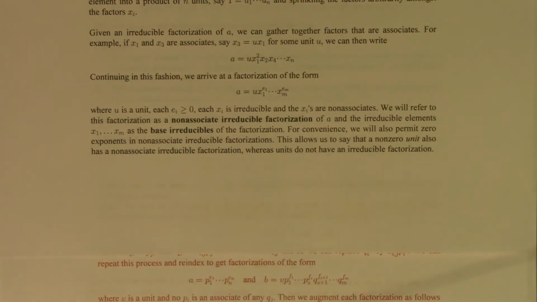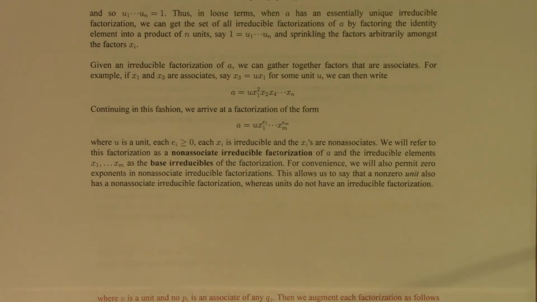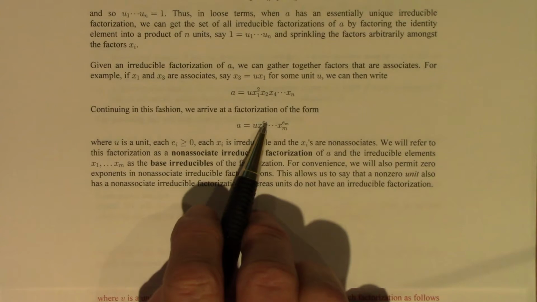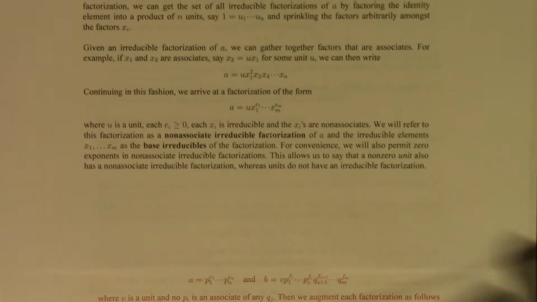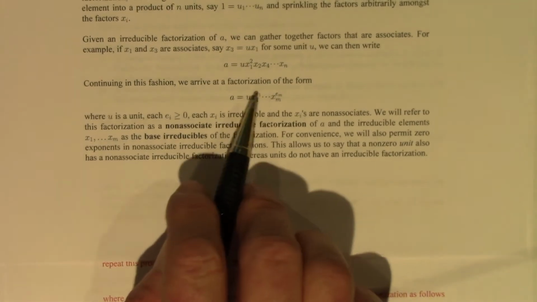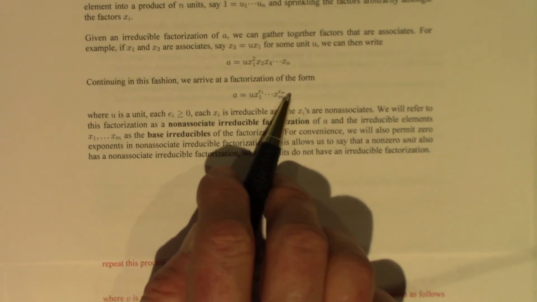So I'm going to refer to that factorization as a non-associate irreducible factorization. And the elements x1 through xm as the base irreducibles. For convenience, as we'll see later, I'm allowing exponents to be 0. That wouldn't happen in this factorization, but I want to also allow the existence of factors with a 0 exponent.